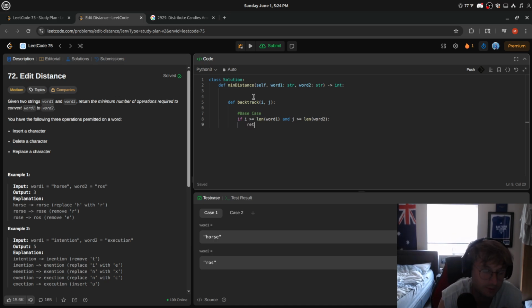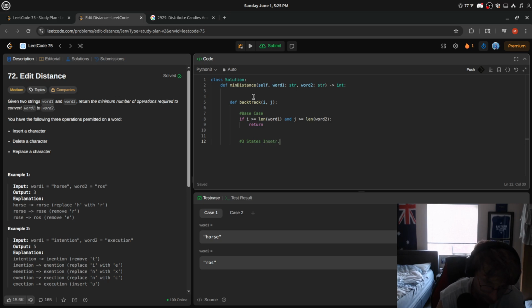I'm going to leave it as return for now, right? And we're going to have 3 states, right? Replace. Replace, right?